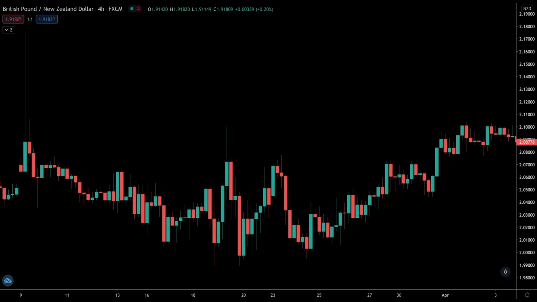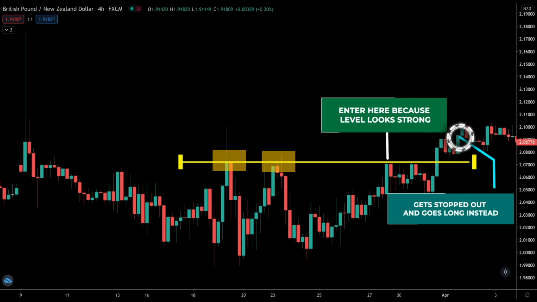This is a very common mistake that rookie traders make. So they see a price chart like this, and because they want to trade against my advice, they use a level like this to trade. And price takes them out, so they reverse their positions thinking that price has broken out of resistance. So they enter a long trade, and well, what happens?